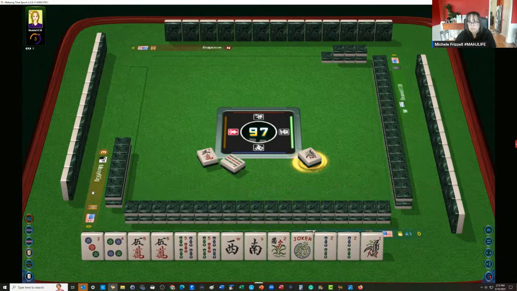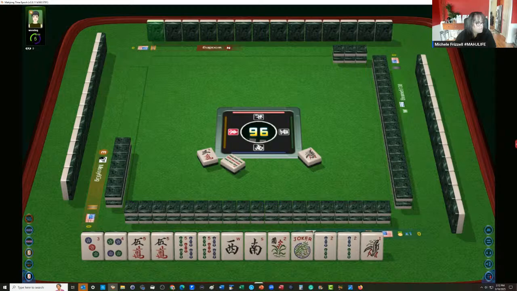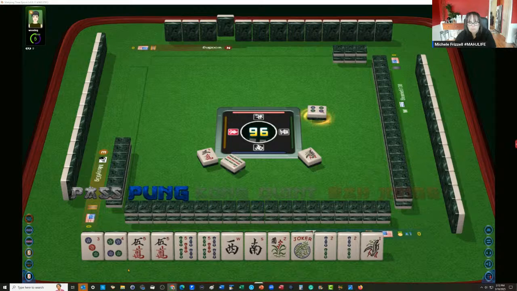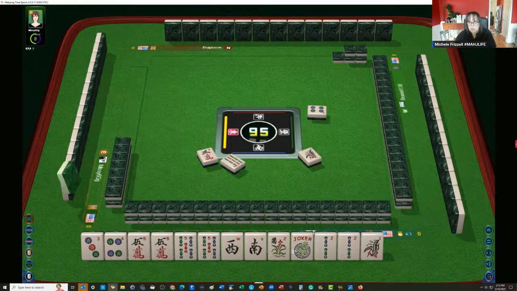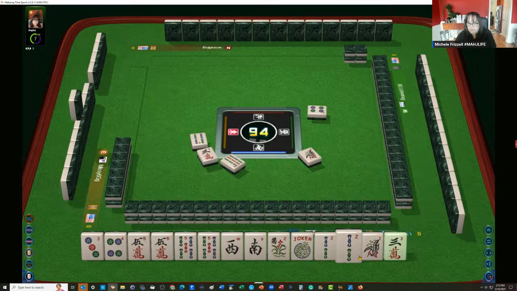No. 4 dots. No. We want a 2. Again, we want a 2 dot. 4 bamboos. Okay, we can let the 1 go.